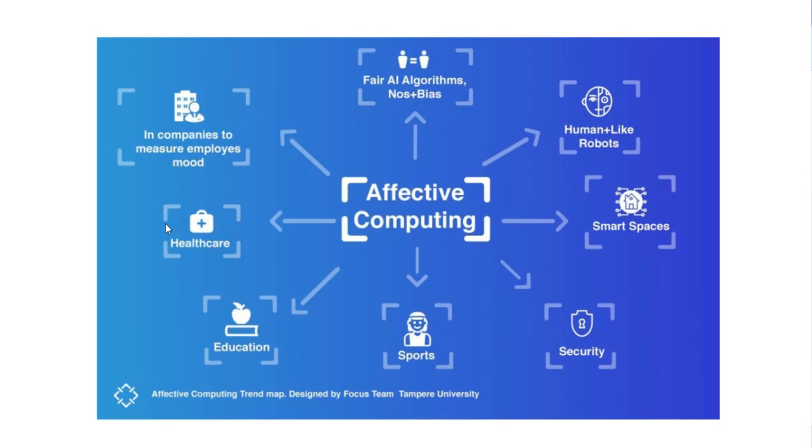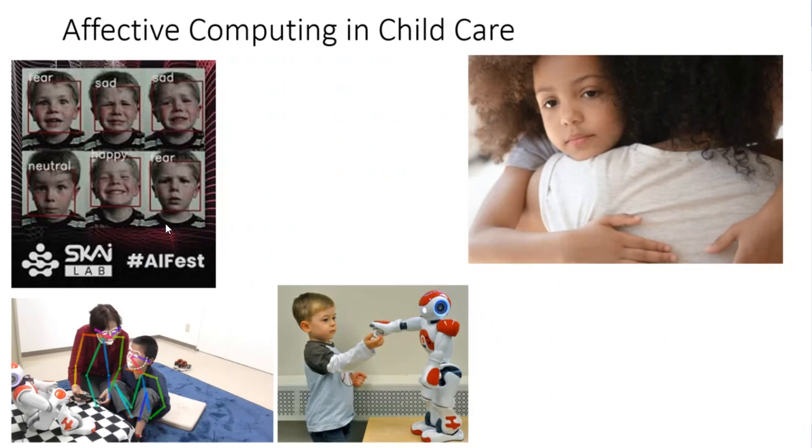For example, in kindergarten, they have cameras that can detect things in children to help understand them. People do research on these things. So affective computing and childcare is also one of the areas. Children have different medical conditions.